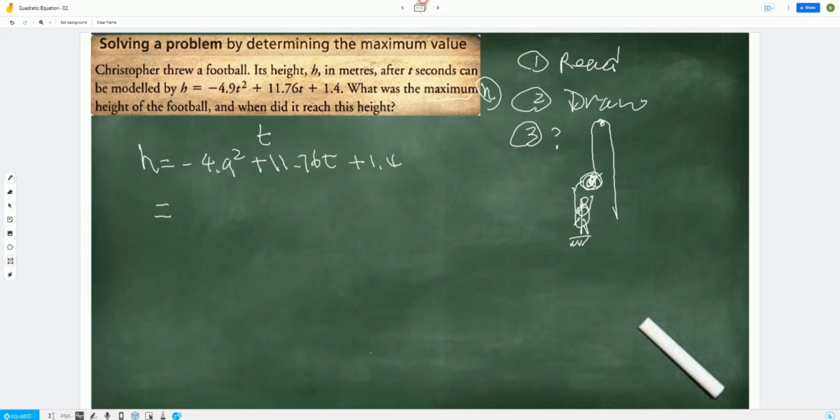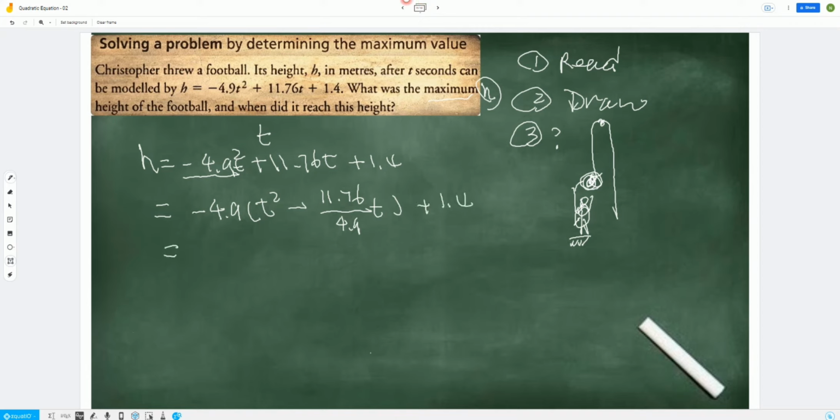So the same thing, we have to create a perfect square. So first, t squared. Okay, so we have to factor out the negative 4.9, right? Negative 4.9 times t squared minus 11.76 divided by 4.9 t, right? We leave 1.4 outside.